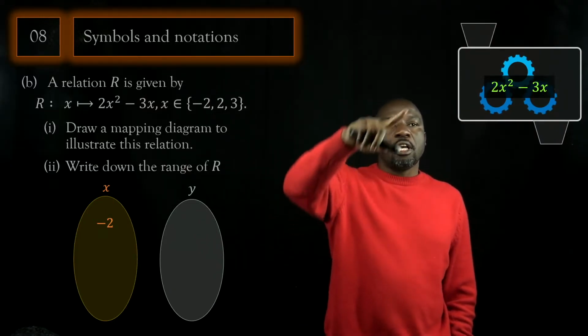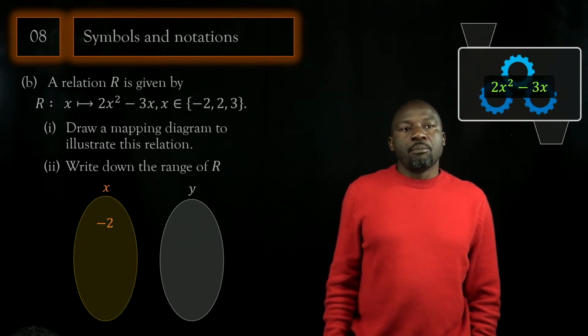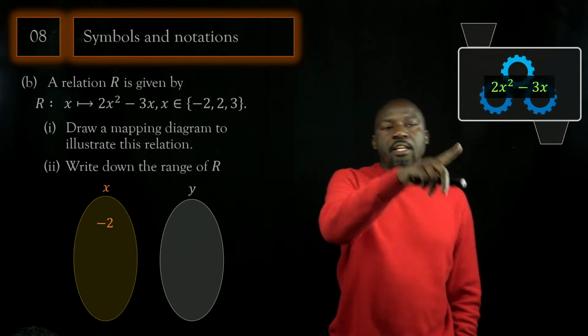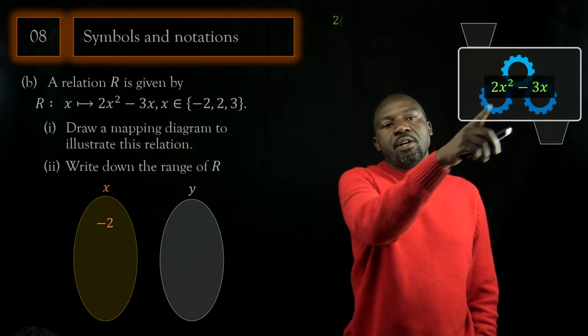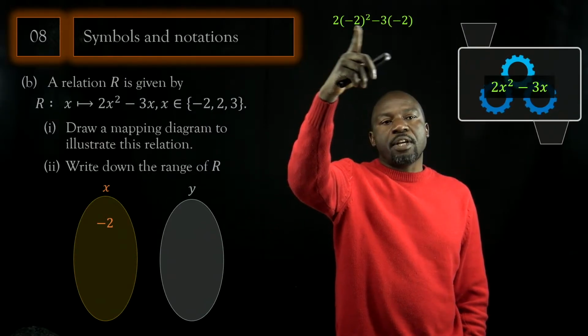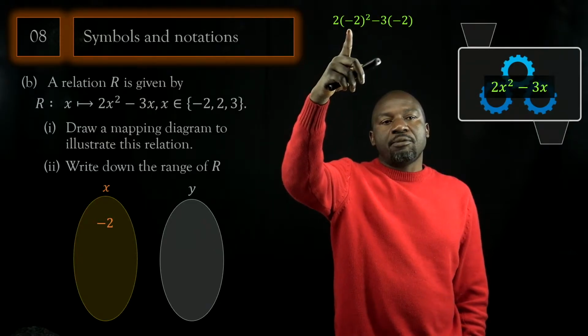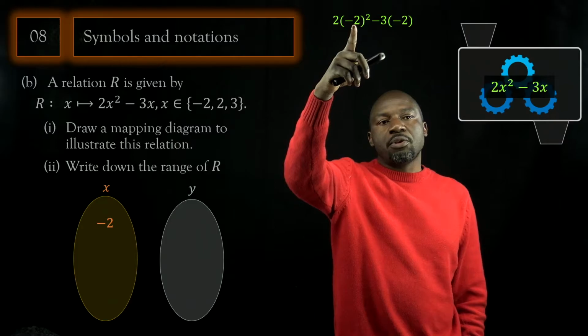If we put in negative 2, effectively what we are doing is replacing x with negative 2. Negative 2 squared, that's an even power, so that becomes positive 4.